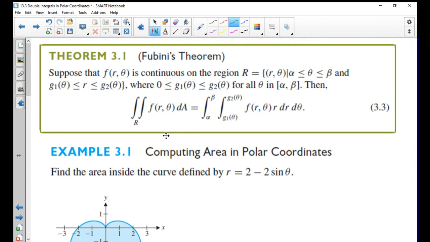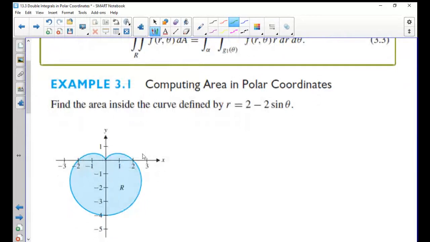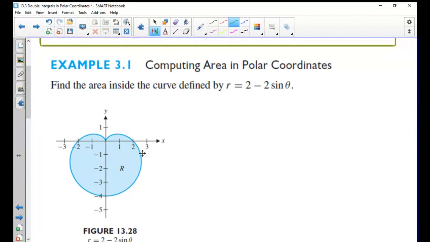So something like this. So here is an example of where we're going to use that rule. I want to find the area of this region R here. The equation of this curve is r equal to minus 2 sine theta.